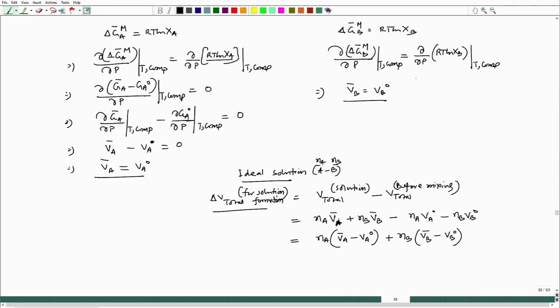If we would like to find out the mixing volume change, we can write it for 1 mole of substance.